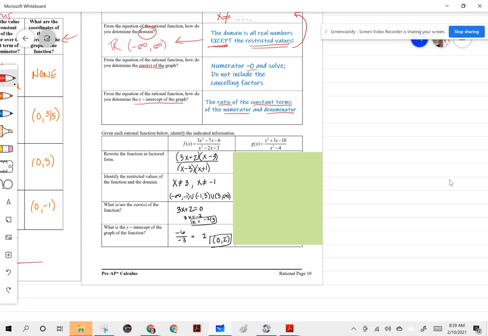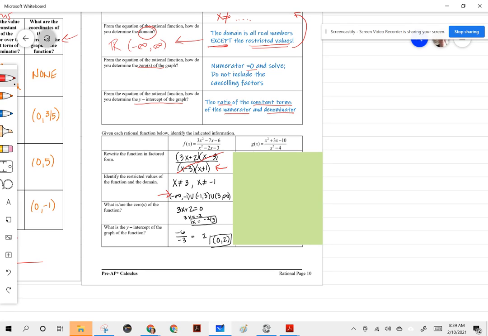All right, so here we go. We've got this in factored form. You can see that the restrictions are going to be x cannot equal 3, x cannot equal -1. And this is what it looks like in interval notation for your domain. The zeros of the function, you set those non-canceling. See, those are the canceling factors.